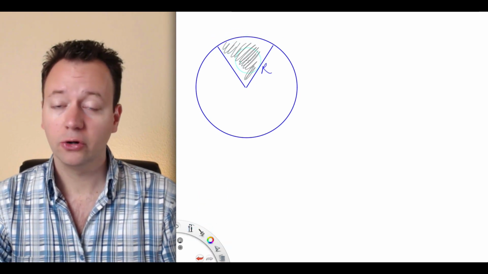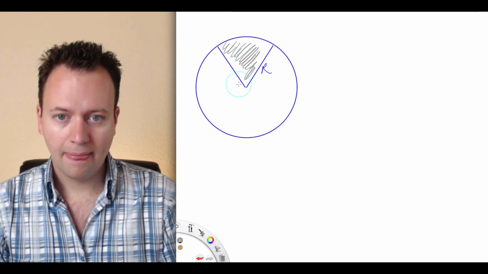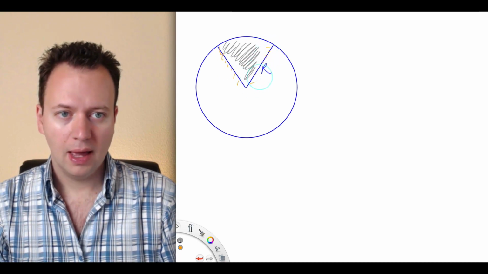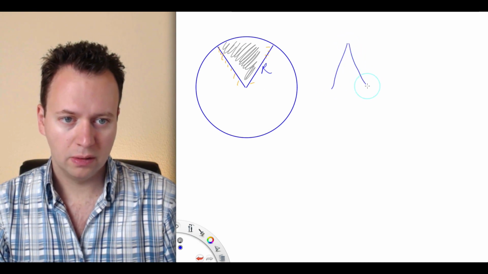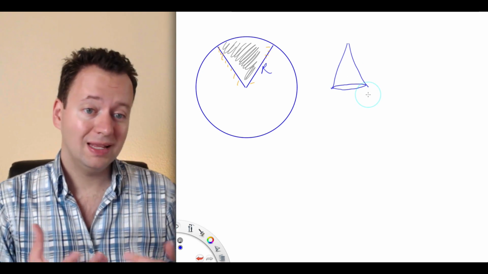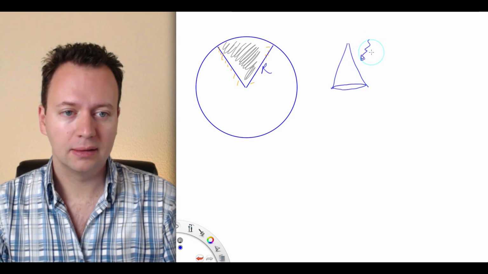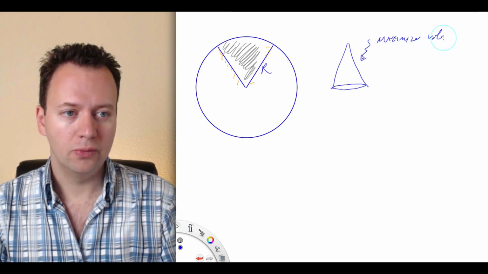And then we'll have a circular wedge, and we're going to glue this edge right here to that edge right there, thereby creating a three-dimensional cone. Something like that. Okay, so we need to figure out how to do this in order to maximize the volume of the resulting cone.